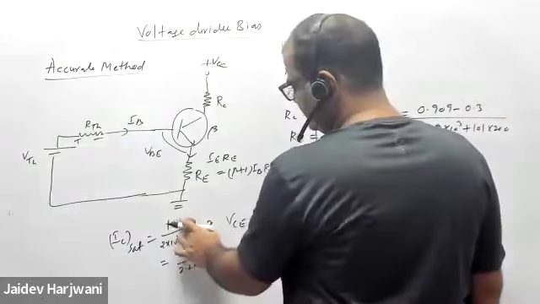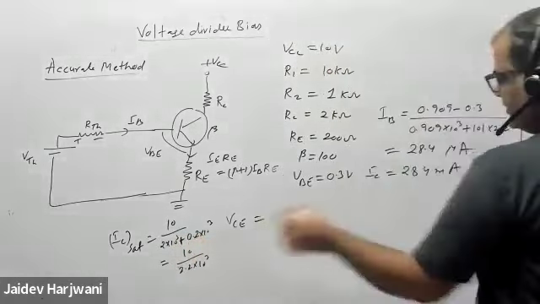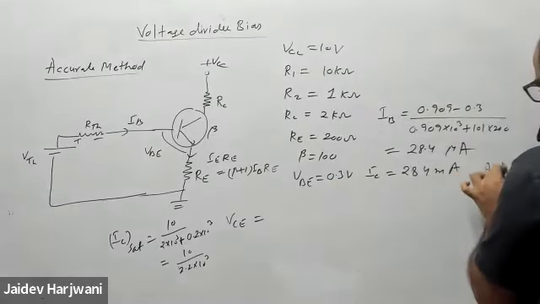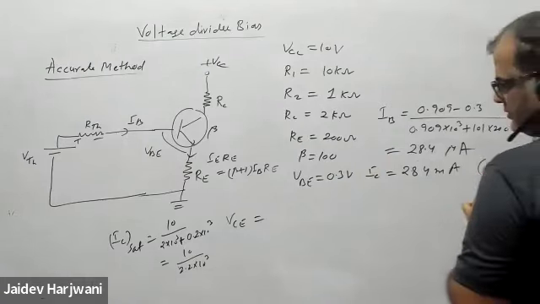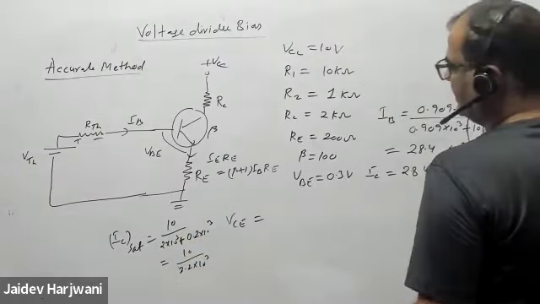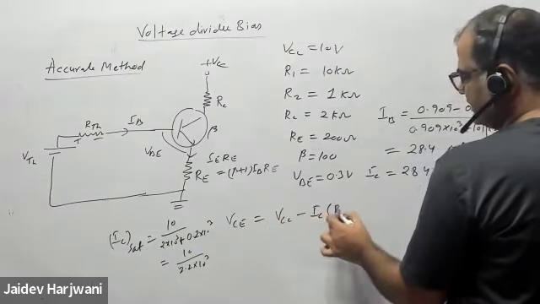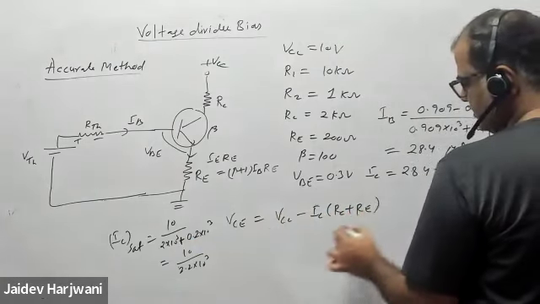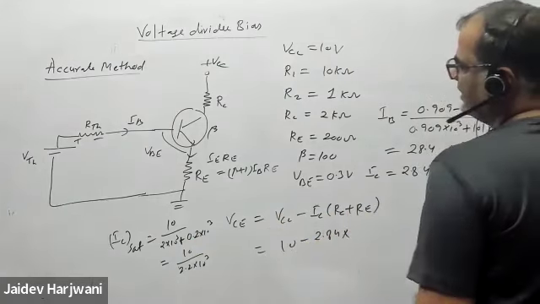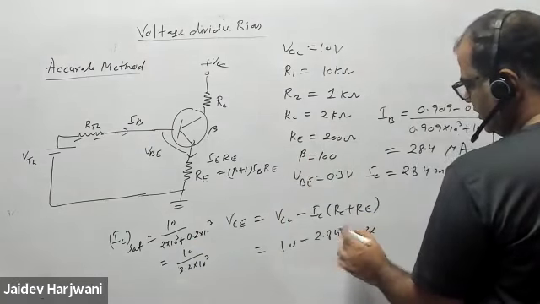And this is VCC. This is VCC, 10. And now check how much this is coming. It should obviously be greater than this one. So this is in the active region. Operation region is active. Check this value. It should be greater than this value. And VC will be VCC minus IC times (RC plus RE). 10 minus 2.84 milliampere times (RC is 2 kilo ohm plus RE, so 2.2 kilo ohm).